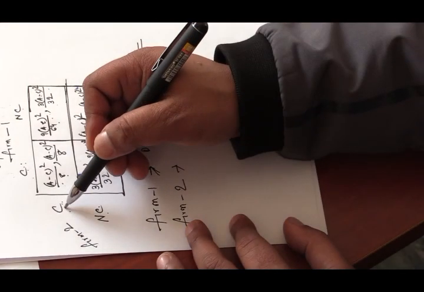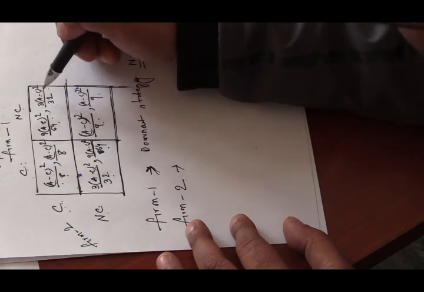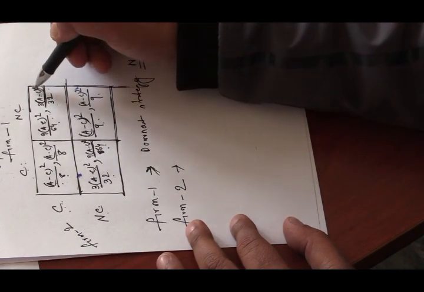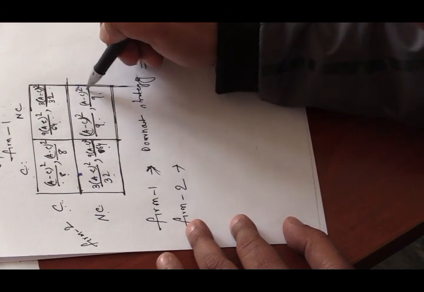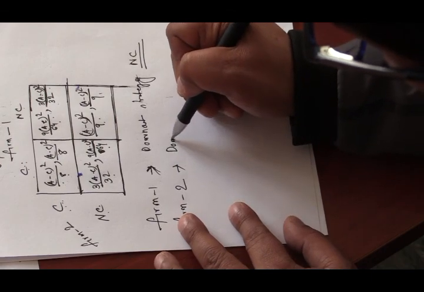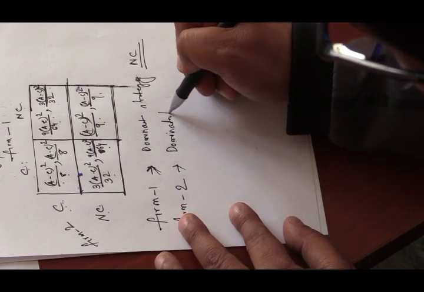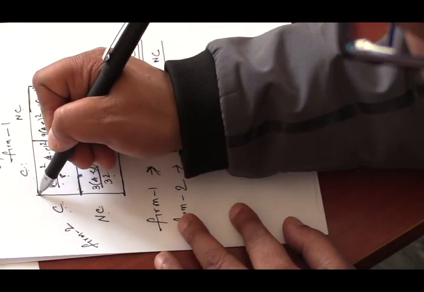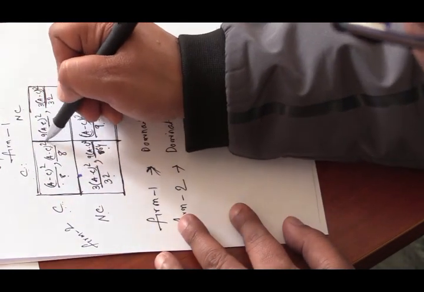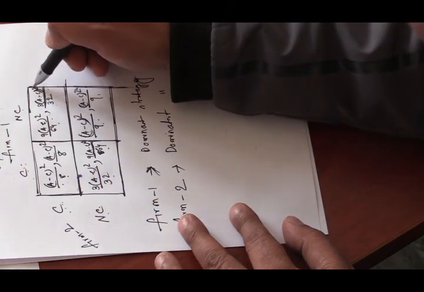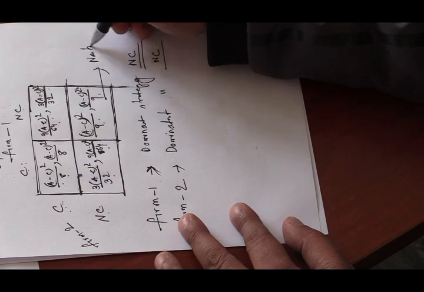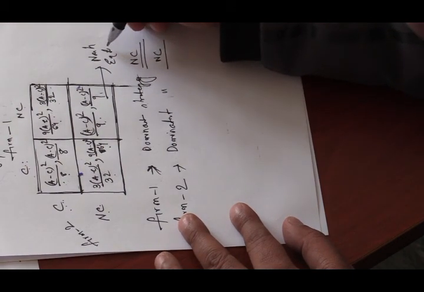Similarly, if firm 1 does not cooperate, by cooperating this will be the profit of firm 2, and by non-cooperating, its profit will be more. So firm 2 also has the dominant strategy to not cooperate. Though cooperation can give them a better outcome, both will go for non-cooperation. So this point is the Nash equilibrium.